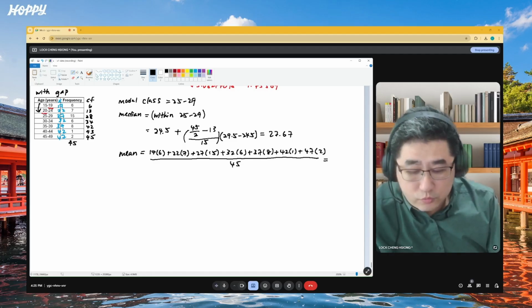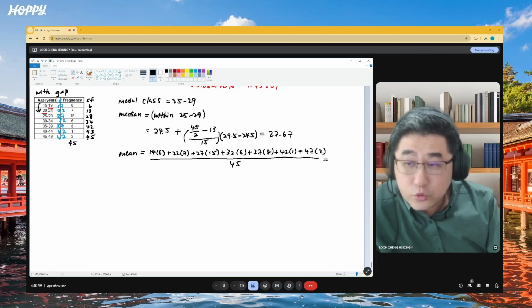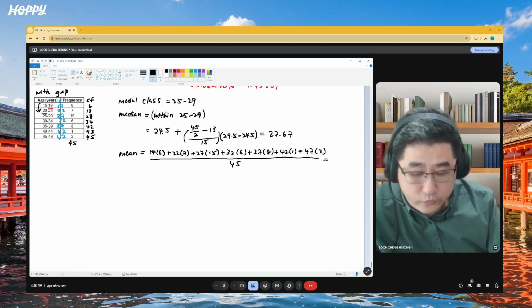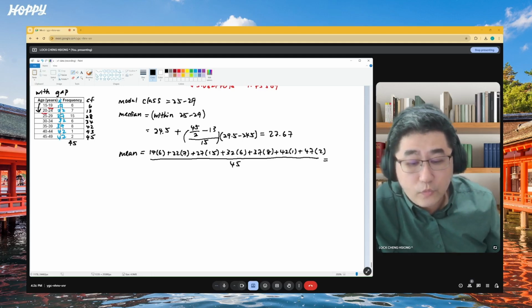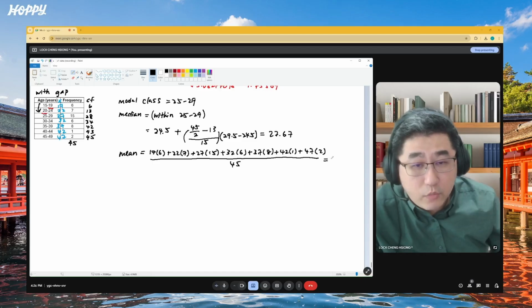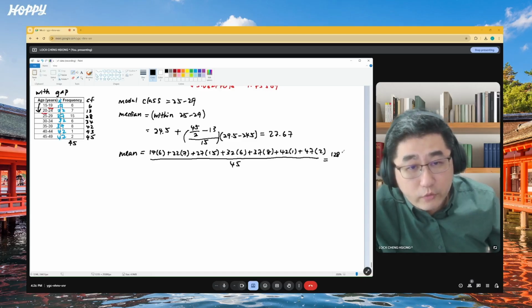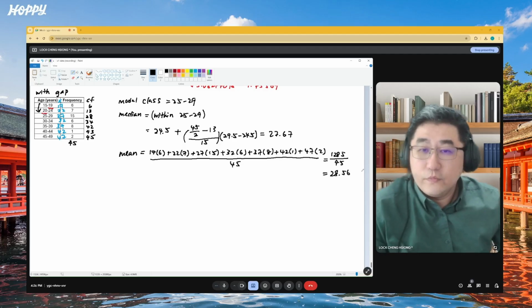So this one, 17, 27, 32, 37, 42, 47, then frequencies of 6, 7, 15, 6, 8, 1, 2. And I will have the sum of 1285 over 45, that gives you 28.56.